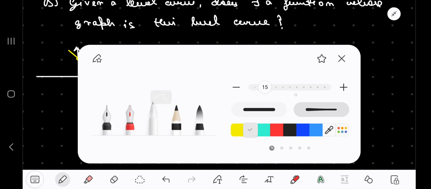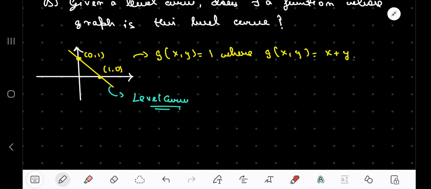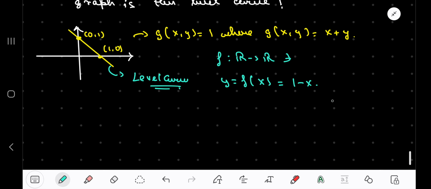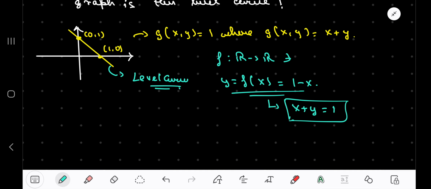Now we can immediately observe that if you choose the function f from R to R such that f(x) = 1 - x, or rather I am talking about the function y = f(x) = 1 - x, then you can immediately see that this geometrically resembles this line, which is exactly this level curve.